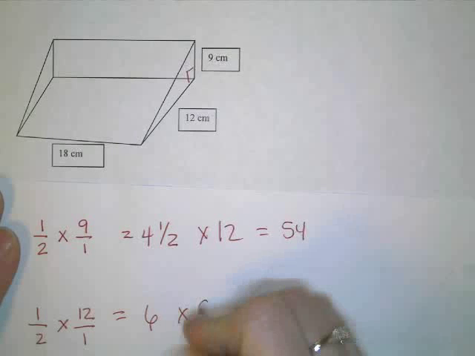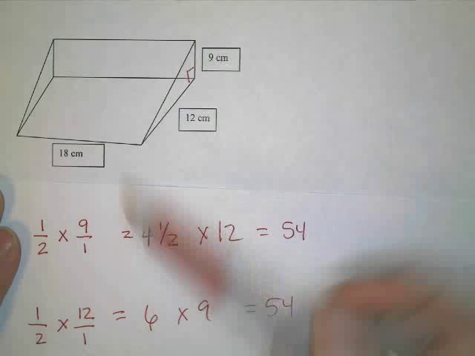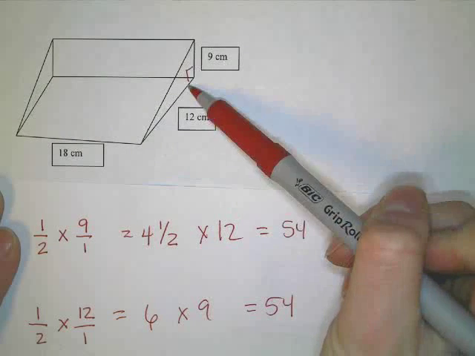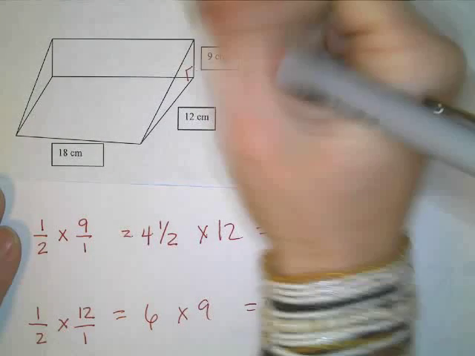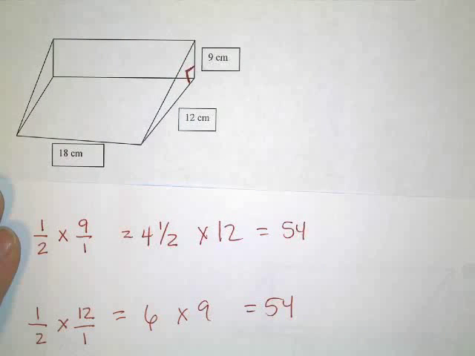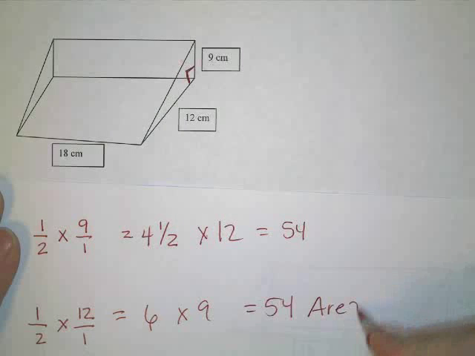And 6 times 9 is 54. It doesn't really matter on this one. But remember, this is your base, because this is the height. So where the 90 degree sits is where the height is on this one. I know, a little confusing. Most of the time it's going to be labeled for you. So area then is 54.